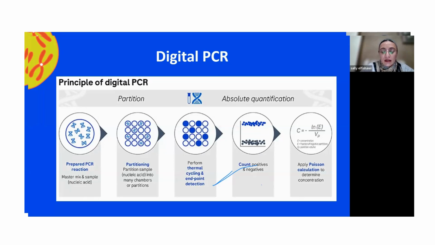We separate this in different partitions so that each partition in itself is a PCR reaction.